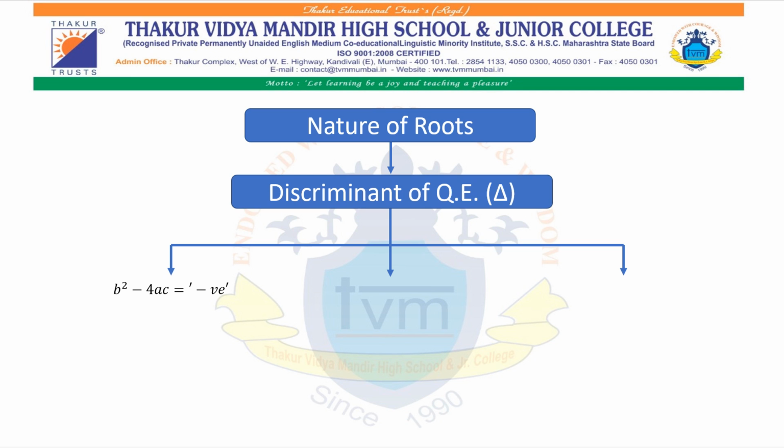If the value of b square minus 4ac is negative, it means the nature of the root is not real. And if the value of the discriminant, that is b square minus 4ac, is 0, it means the nature of the root is real and equal. And if the value of the discriminant b square minus 4ac is positive, it means the nature of the root is real and unequal.